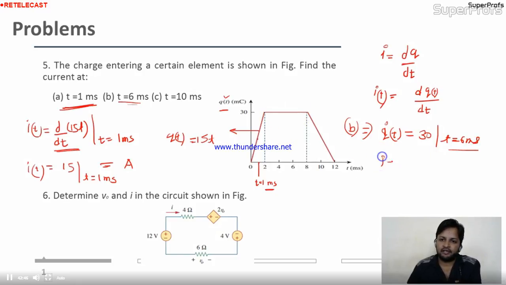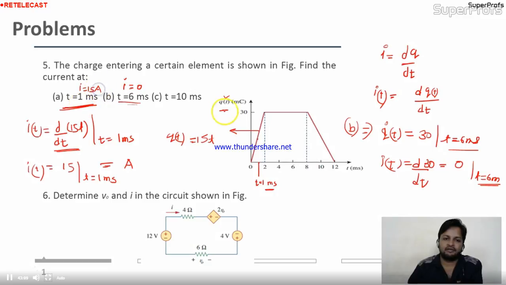So tell me the current. Current is nothing but d by dt of 30. This is a constant, and the differentiation of a constant quantity is 0. So at t equal to 6 millisecond, the value of the current is 0. Here the value of current is 0. Here the value of current is 15 ampere. Is it okay?